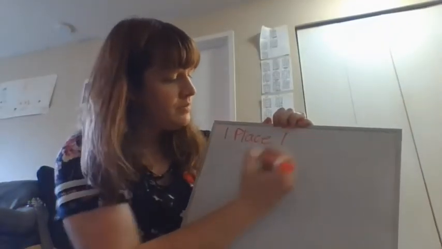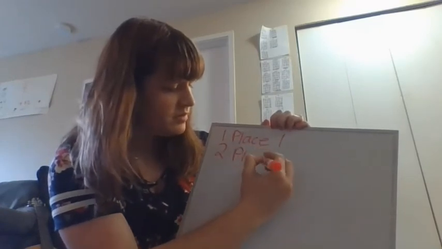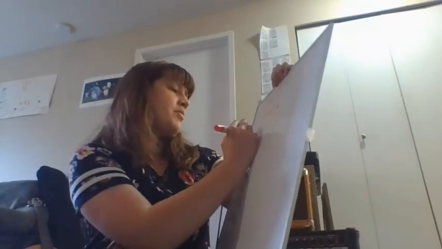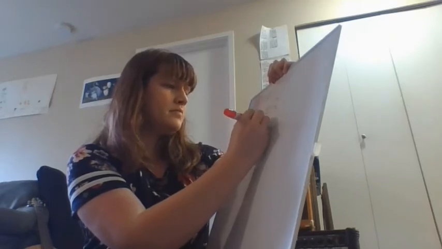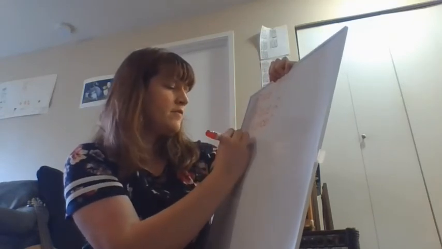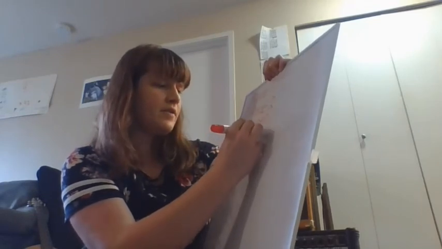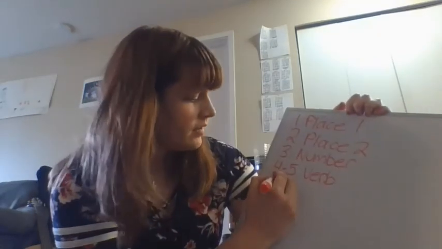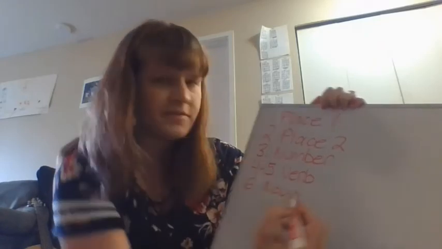So place 1, 2, place 2. So remember, this can be any place you want. 3 is a number. 4 and 5 is a verb. And then for our last one, it's going to be a noun. So a person, place, or a thing.